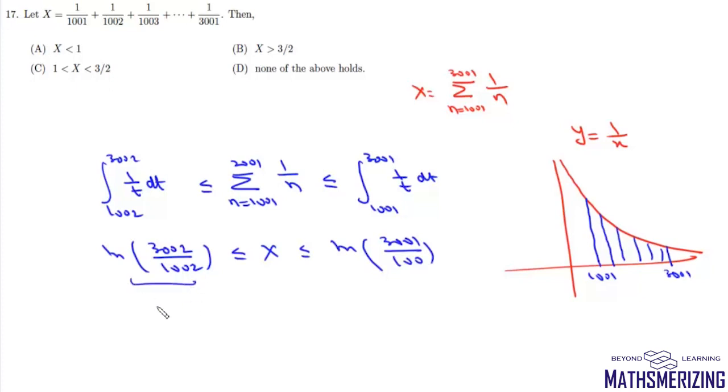Now this value is nearly 1.09728 is less than x, and this is less than or equal to 1.0979. So this value lies between 1 and 1.5, and that's your option number C.